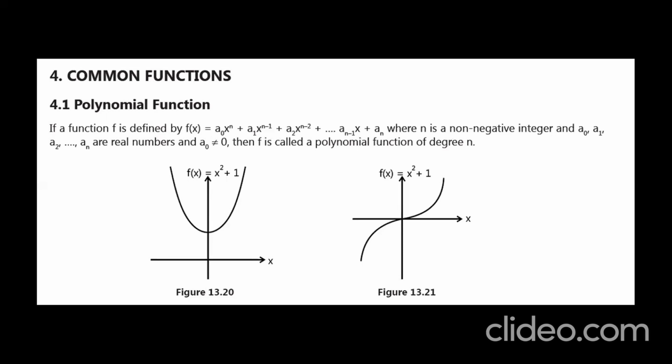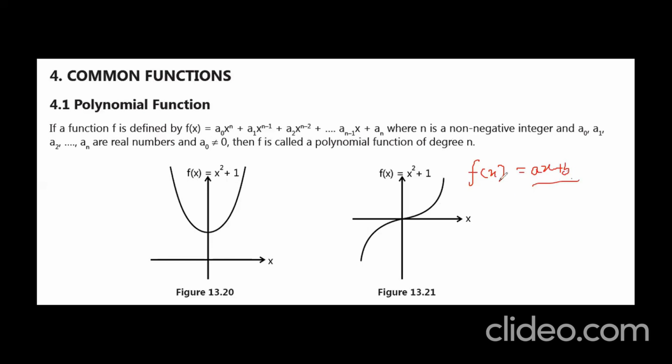See here, f of x is equal to x square plus 1. This is going to be a parabola. Another one, suppose I am taking f of x is equal to ax plus b.